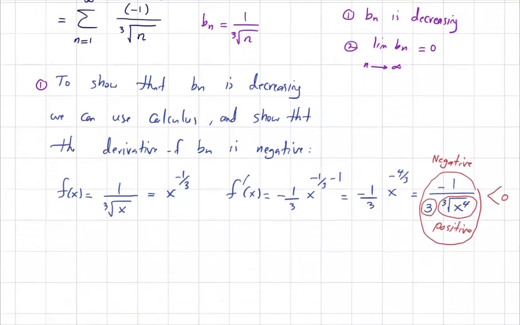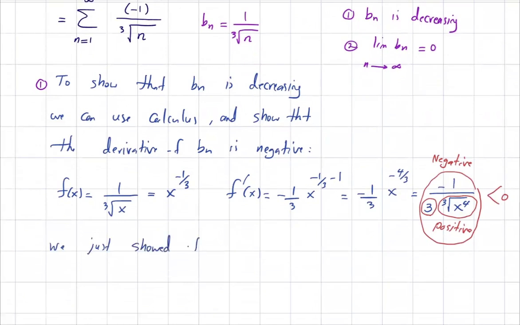So it means that the derivative is negative. We just showed that f prime is negative. It means that the function is a decreasing function.